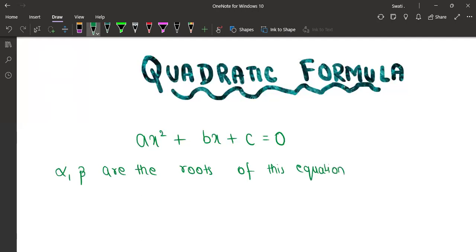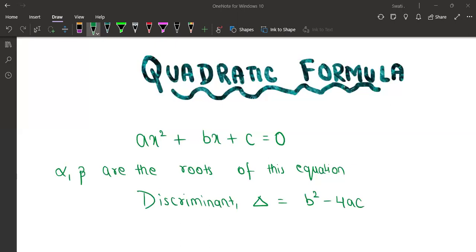Suppose alpha and beta are the roots of this equation, so we can write down different cases. There is one more thing about a quadratic equation, that we find out the discriminant as well. For the discriminant symbol we use a triangle. The discriminant formula is nothing but b square minus 4ac. This is how we find out the discriminant.